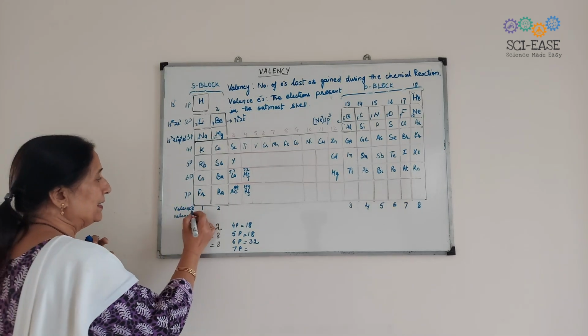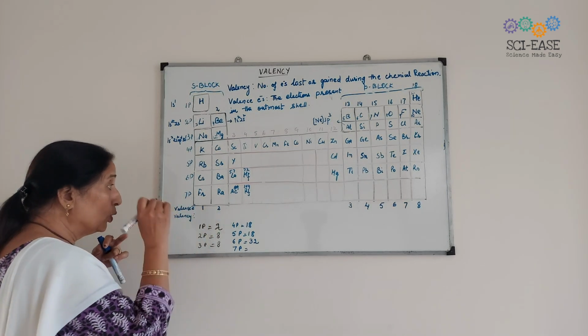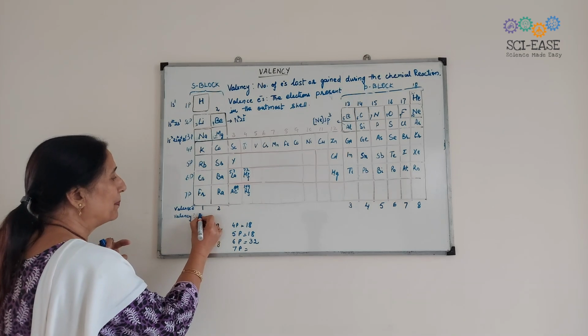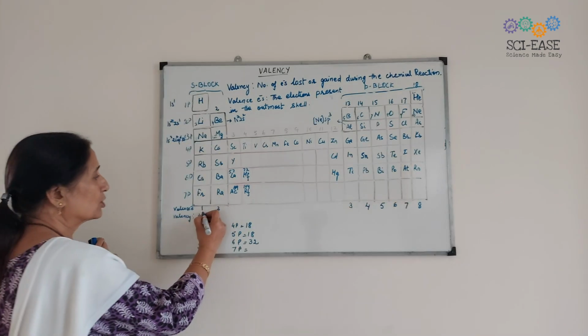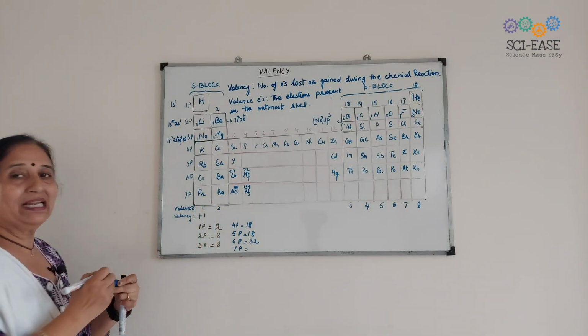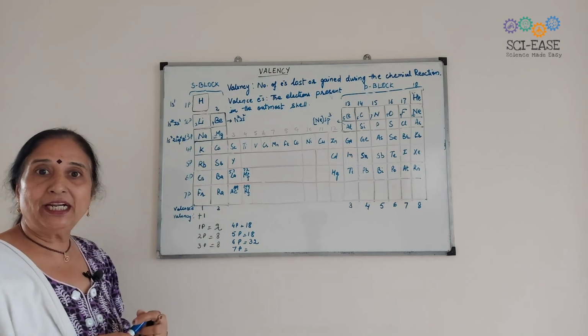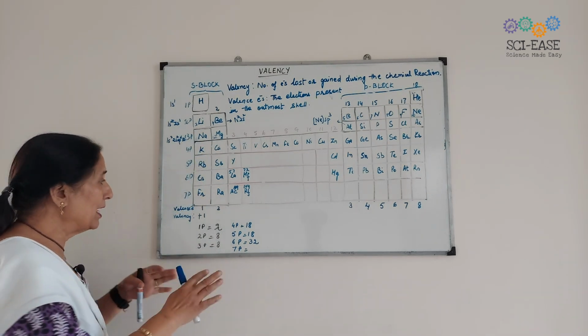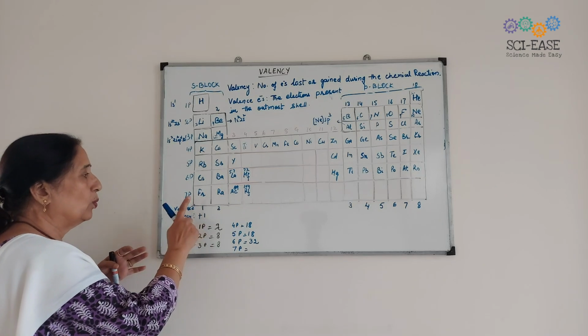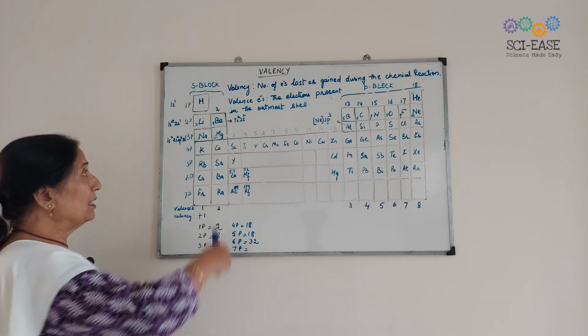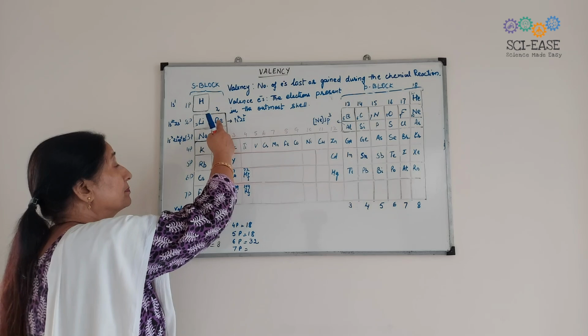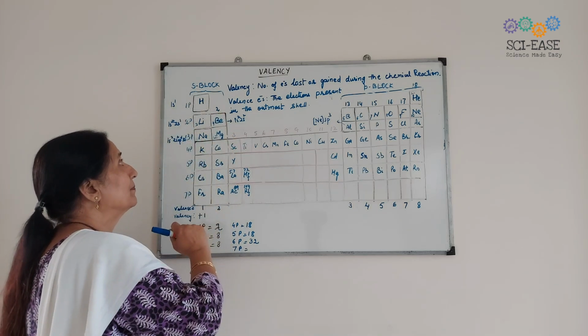When any element loses the electron, you write plus. Okay? So, it will be plus 1 valency of these elements. Lithium, sodium, potassium, rubidium, cesium and francium all have plus 1 valency. Now, come to the group 2 elements.